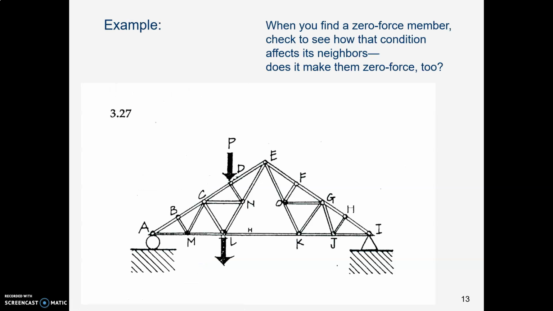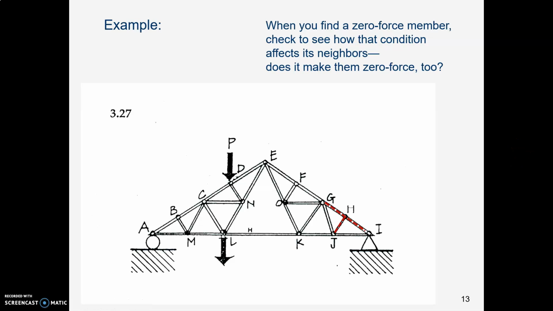Now, when you are doing this, once you find a zero force member, it might be that it makes its next door neighbor zero force also. And I'll show you an example with this truss, which looks complicated, but we'll just work through it one step at a time.